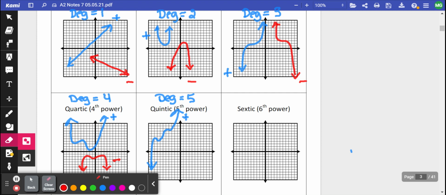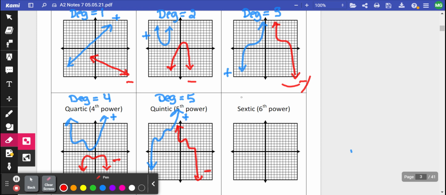If it had a negative lead coefficient, it would be reflected. So it would look a lot like this one over here with an extra bump in it. So down, 2, 3, 4, 5. And that would be having a negative lead coefficient and a 5th degree polynomial. So something like y equals x to the 5th plus 2, or y equals negative 2x to the 5th plus 5, minus whatever.